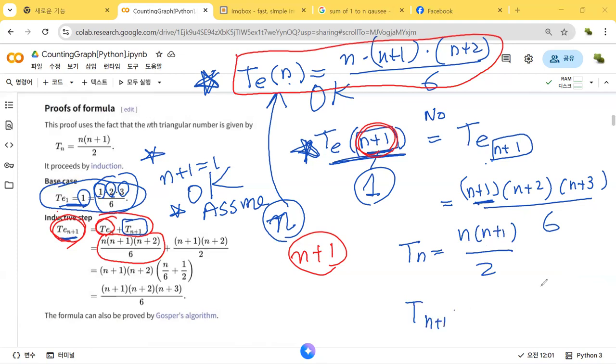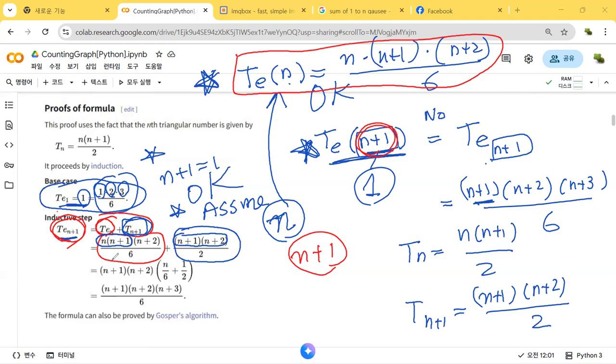Tn plus 1 is n plus 1 times n plus 2 divided by 2, okay? So this one can be replaced by this equation, okay? This equation. And as you see, n times n plus 1, there is the same n plus 1, n plus 2 in the upper part.